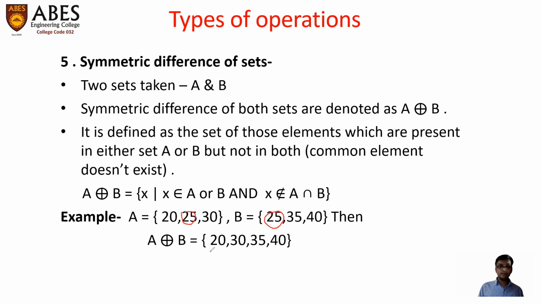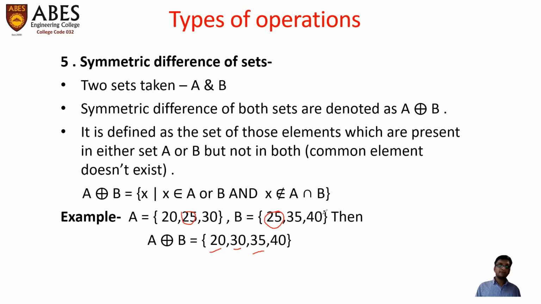So 20 from set A, 30 from set A, 35 and 40 from set B. So an element should be from set A or set B, but the common part does not exist.